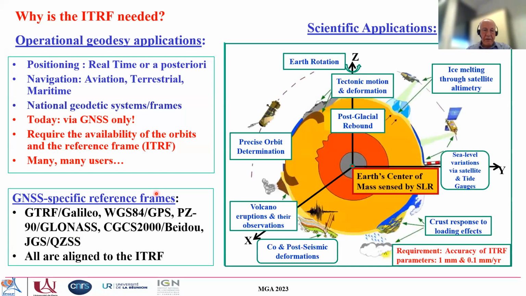Now, we have also a variety of scientific applications, starting with the precise orbit determination, Earth rotation, tectonic motion and deformation, post-glacial rebound, ice melting, etc. And for that, we need the IHRF to be, in terms of its defining parameters, origin, scale, orientation, accurate at the 1 millimeter and 0.1 millimeter per year stability.